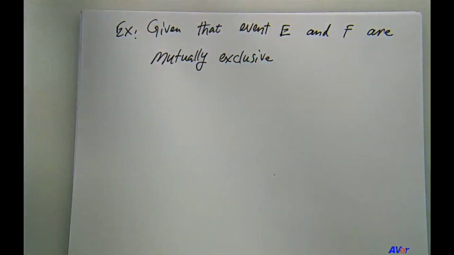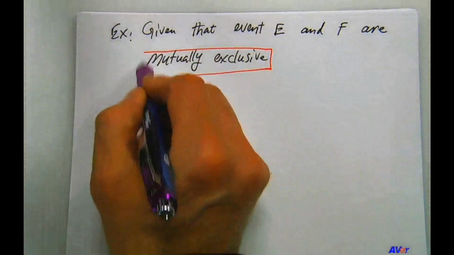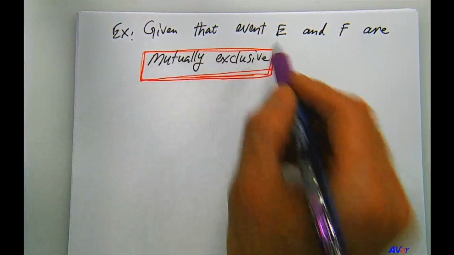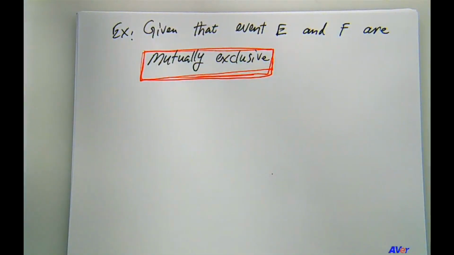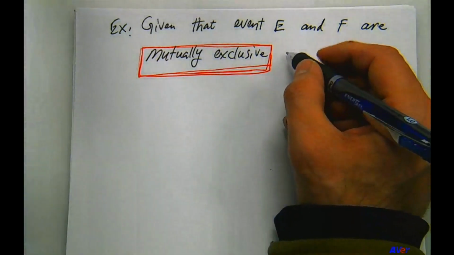So in the previous example, I boxed the word independent, because that was the key clue for us as to what formula to use, which we introduced there as well. And now this time it's for mutually exclusive. E and F are mutually exclusive. That's again a big clue to us as far as which approach we should take to solve this problem.